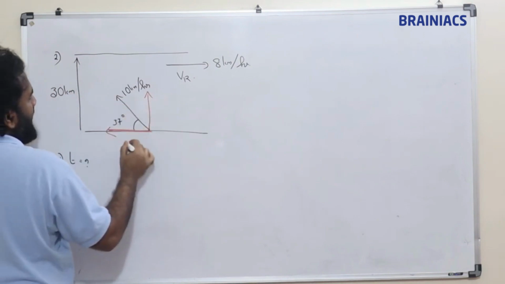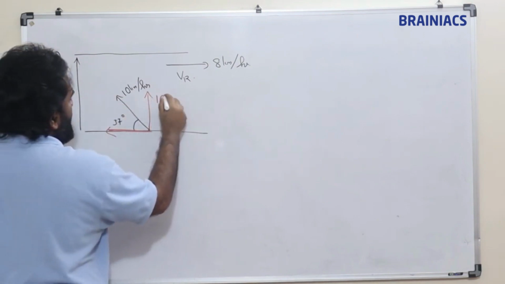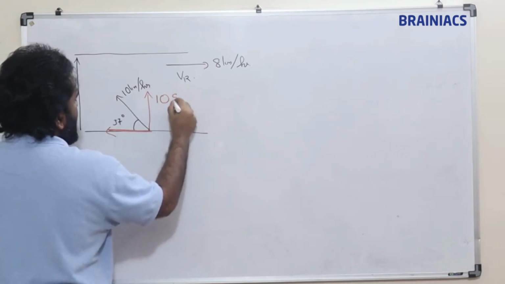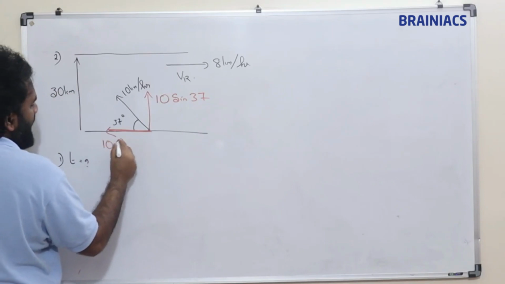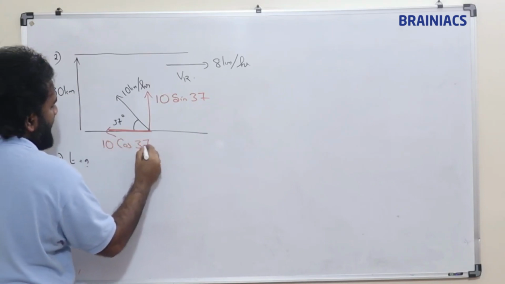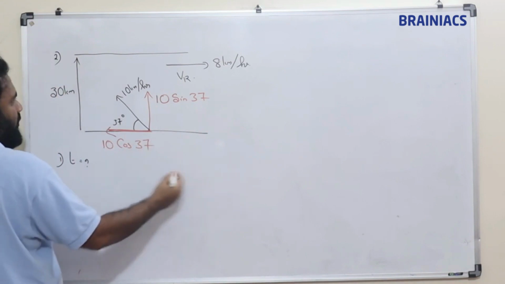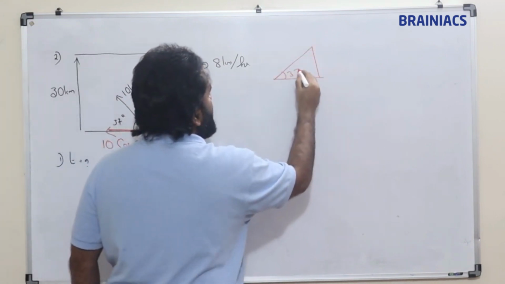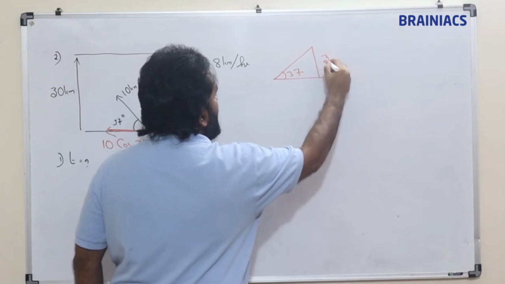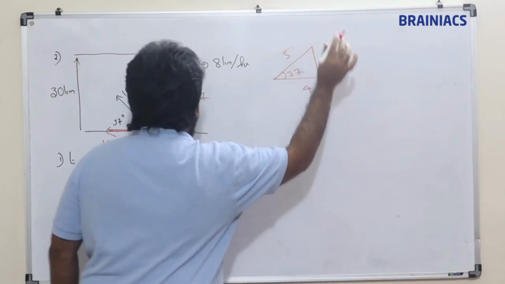His velocity we are resolving into 10 sin 37 and 10 cos 37. We know this triangle, right? If this is 37, this is a 3, 4, 5 triangle.